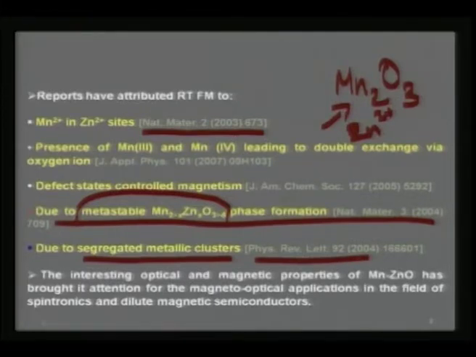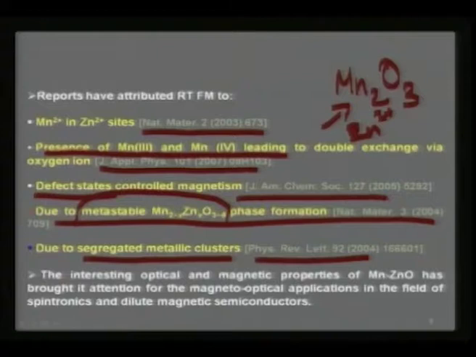Someone elucidated that there is the presence of Mn3+ and Mn4+, which leads to double exchange mediated ferromagnetism, which appeared as late as 2007, and defect structures were also contributing to the magnetic properties, which was told in 2005.